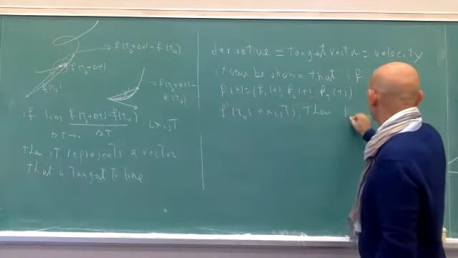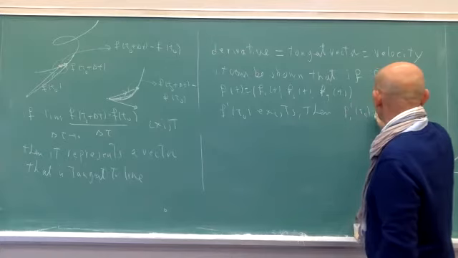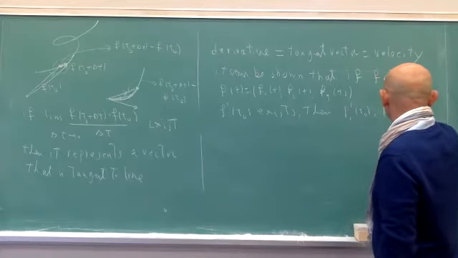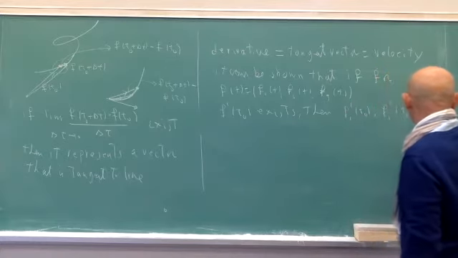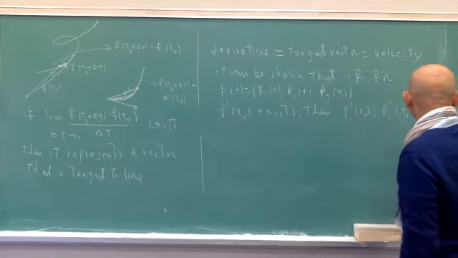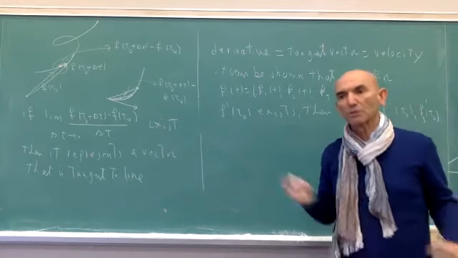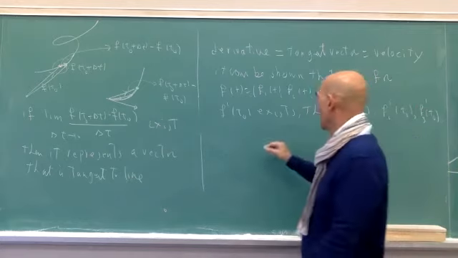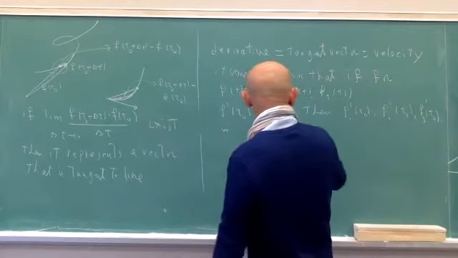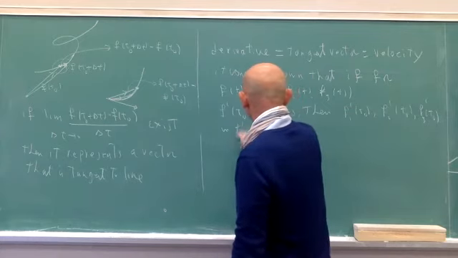Then f1 prime, f2 prime, f3 prime exist. Individually it should exist in the sense of calculus, because these are one variable functions, but in the sense of vector functions, it exists.